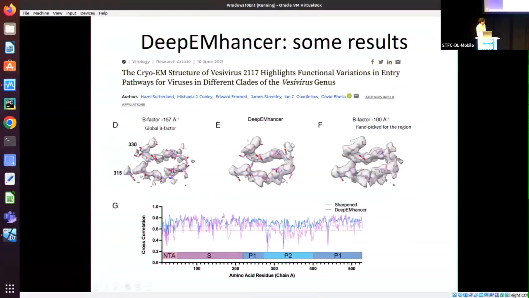But as a sort of self-validation, they showed that if you spend your time trying to pick a particular B factor for every residue, for every loop, then you can get results that are quite similar to the ones you get with DeepEMhancer. So what it tells you is that the density was there, and it's a matter of finding the best manner of filtering the results, if you wish. But DeepEMhancer does it automatically for you, or at least it does among other things.